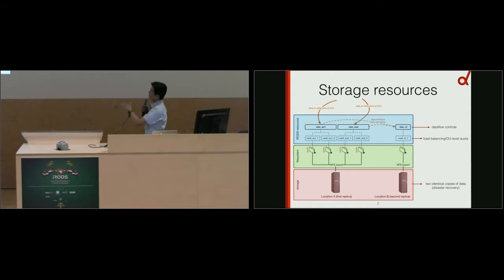In the iRODS layer, we use coordinating resources for the data control, the very top layer of resources, and underlying, we have the different vault or data resources for load balancing. You can also use this approach to define how much space an organizational unit, as a boundary of the administration, can use, because that's usually reflected in the financial perspective.